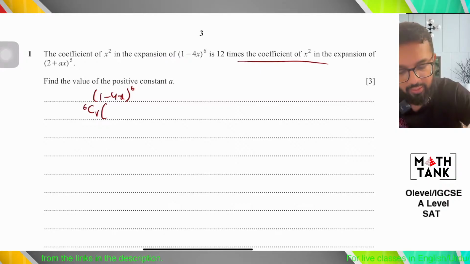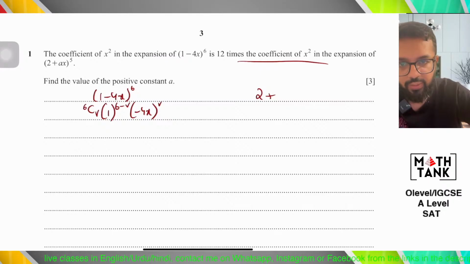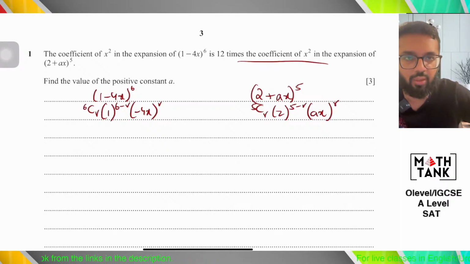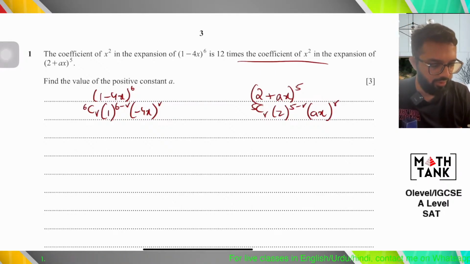So 6Cr, 1 power 6 minus r, minus 4x power r. Okay, and 2 plus kx. So 5Cr, 2 power 5 minus r, ax power r. Okay, I think I'm going.